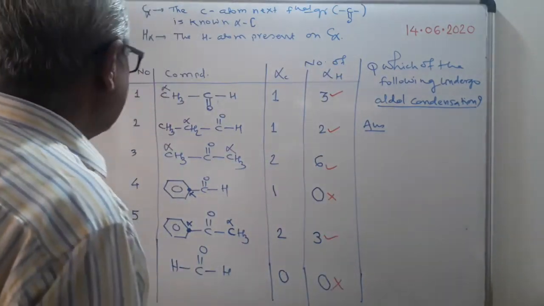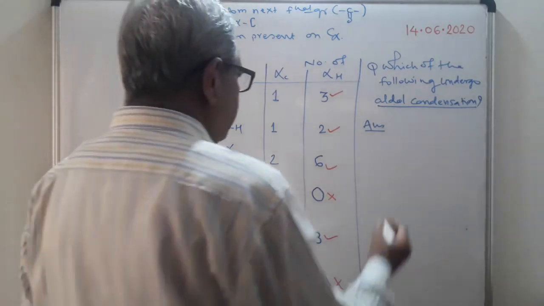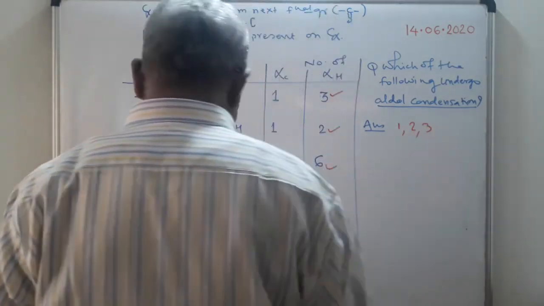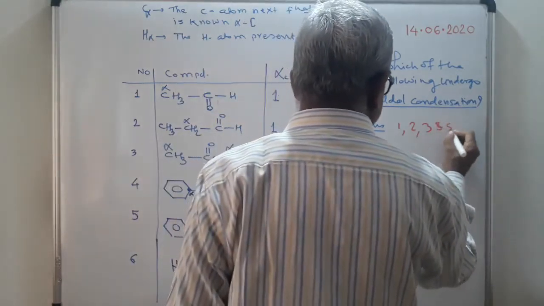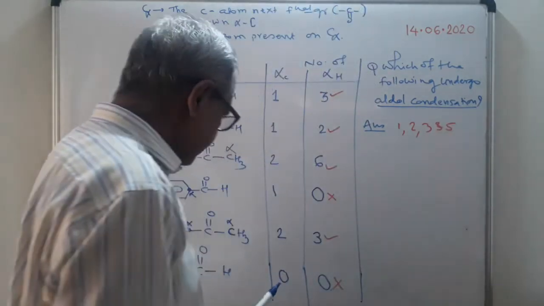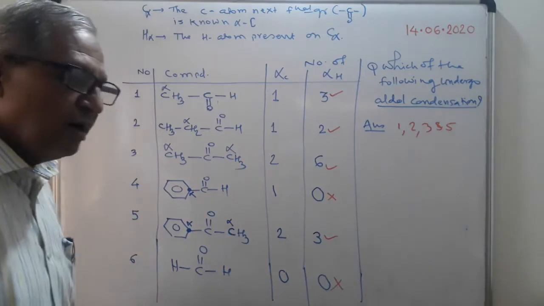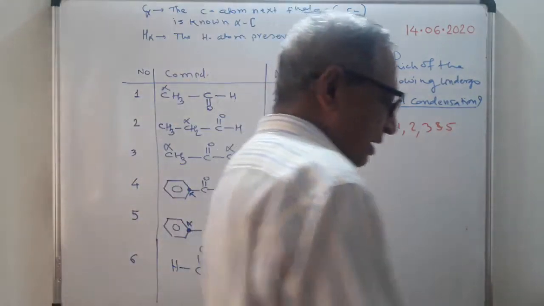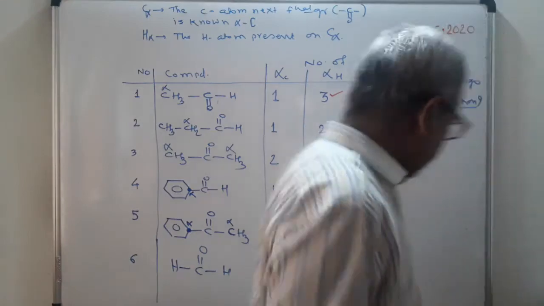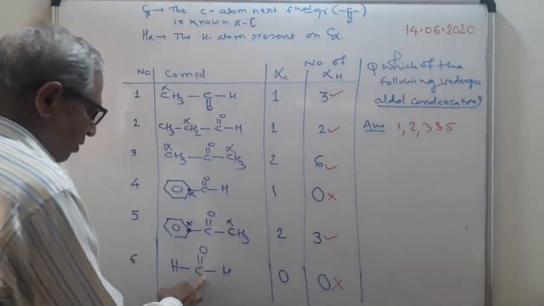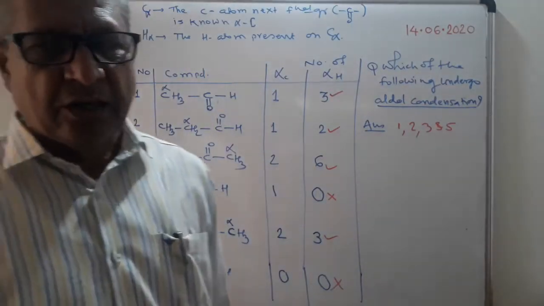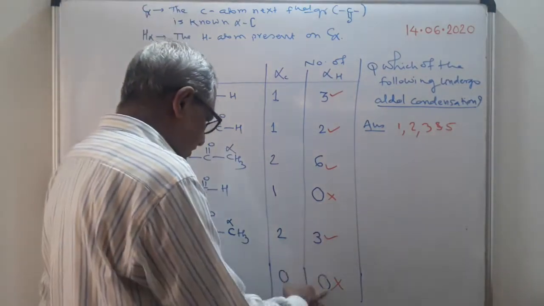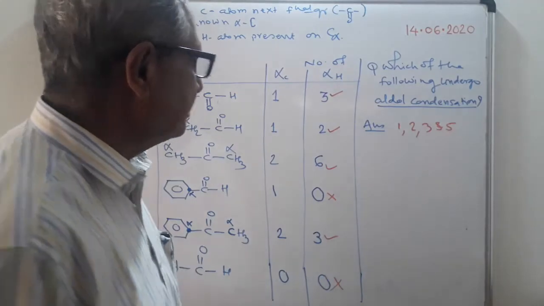The answer is that compounds number 1, 2, 3 and 5 will undergo aldol condensation because they have alpha hydrogen atoms. So this is the important question here. Remember that benzaldehyde and formaldehyde will not undergo aldol condensation because they do not contain alpha hydrogen atoms.